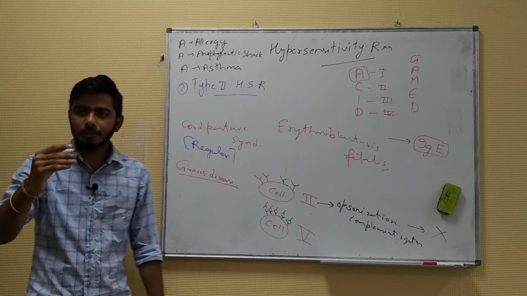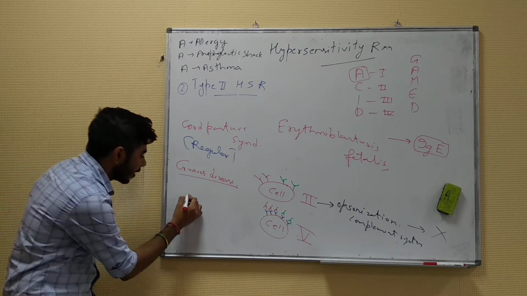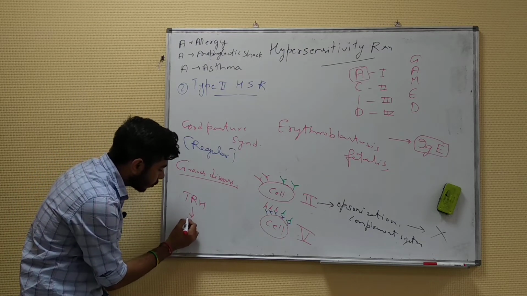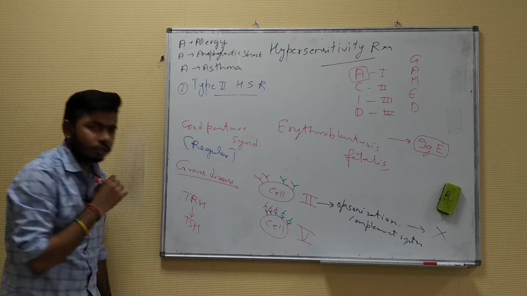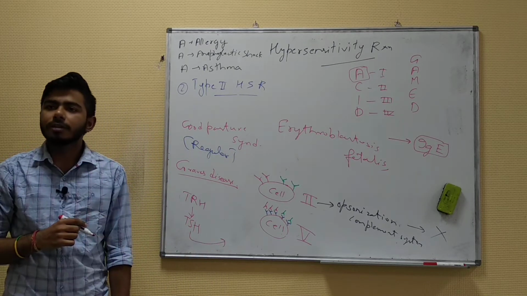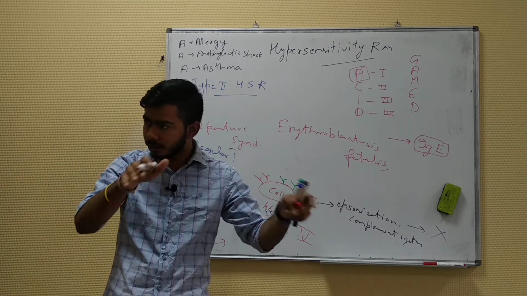From the hypothalamus you have thyroid releasing hormone, and from the anterior pituitary you have the release of thyroid stimulating hormone. It goes through blood circulation to your thyroid gland and stimulates it to release T3 and T4.